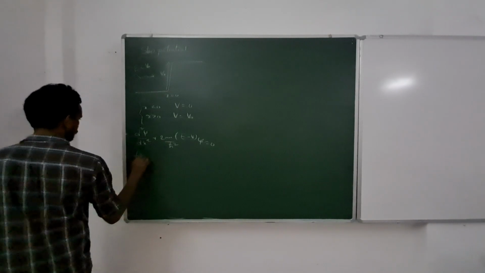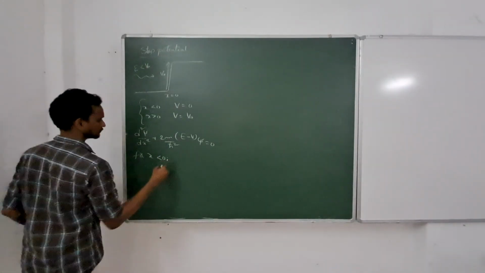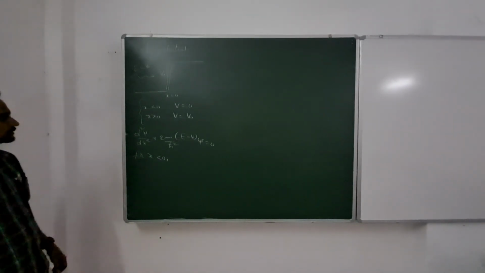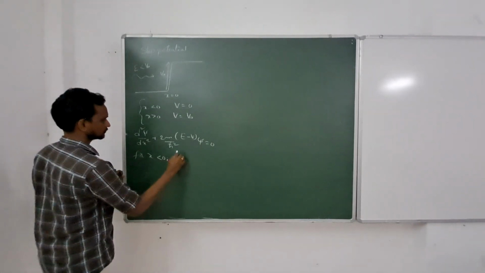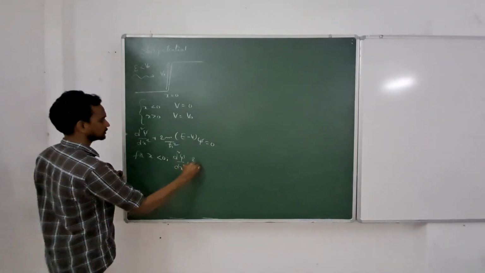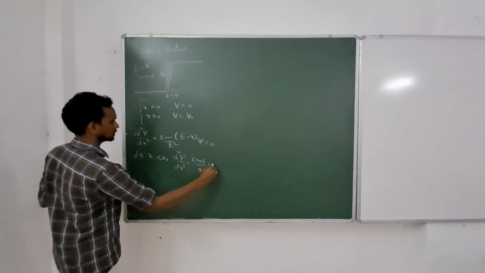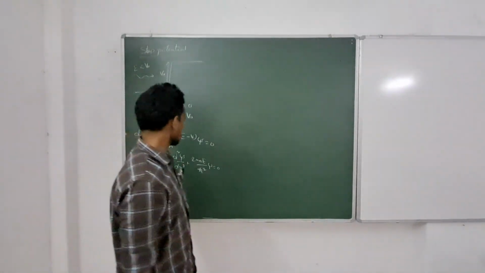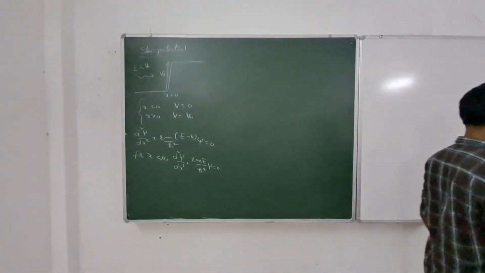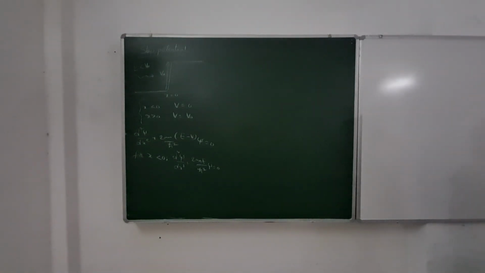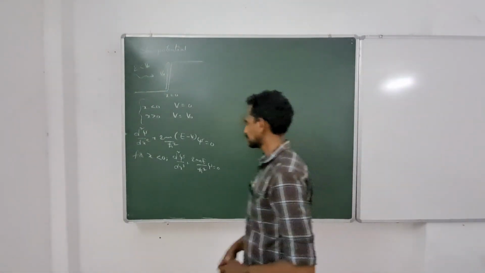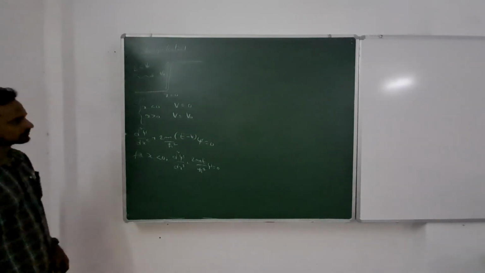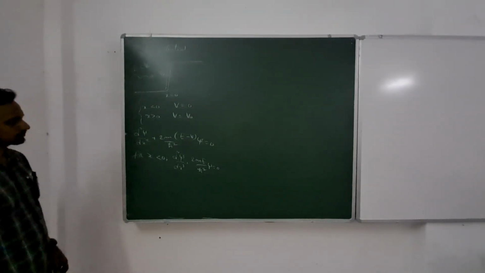So for x less than 0, what do you get? d square psi by dx square plus 2mE by h bar square psi is equal to 0. Here E is the total energy, V is the potential energy, and I call this quantity 2mE by h bar square as k square.